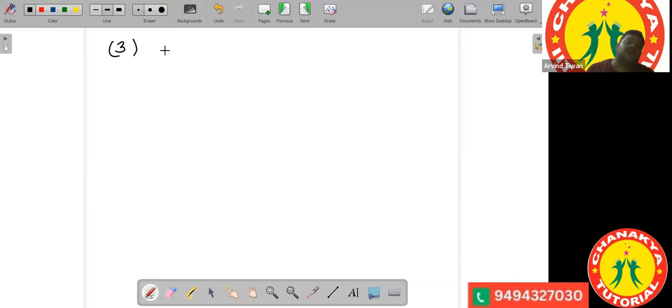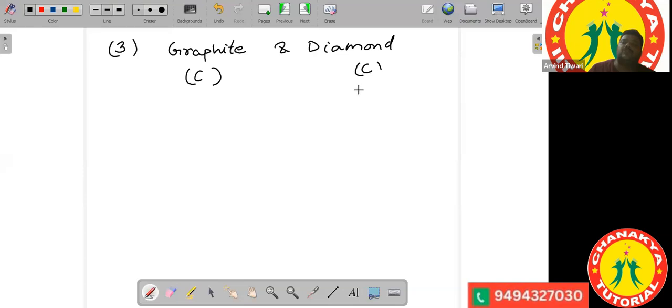If you have heard about graphite and diamond, both of them are 100% made up of carbon. Graphite is also completely carbon. Diamond is also completely carbon. Both of them are carbon, but they have different physical states at the same temperature and conditions.